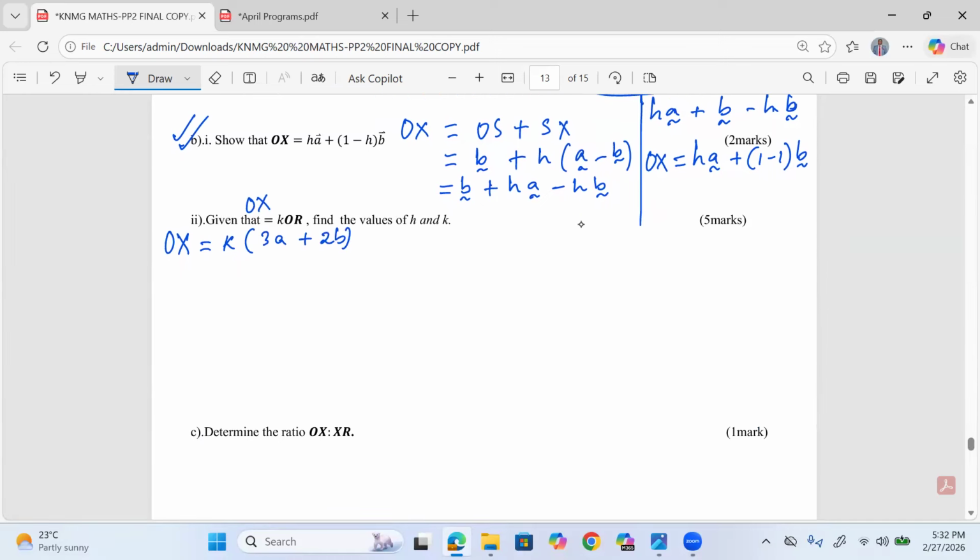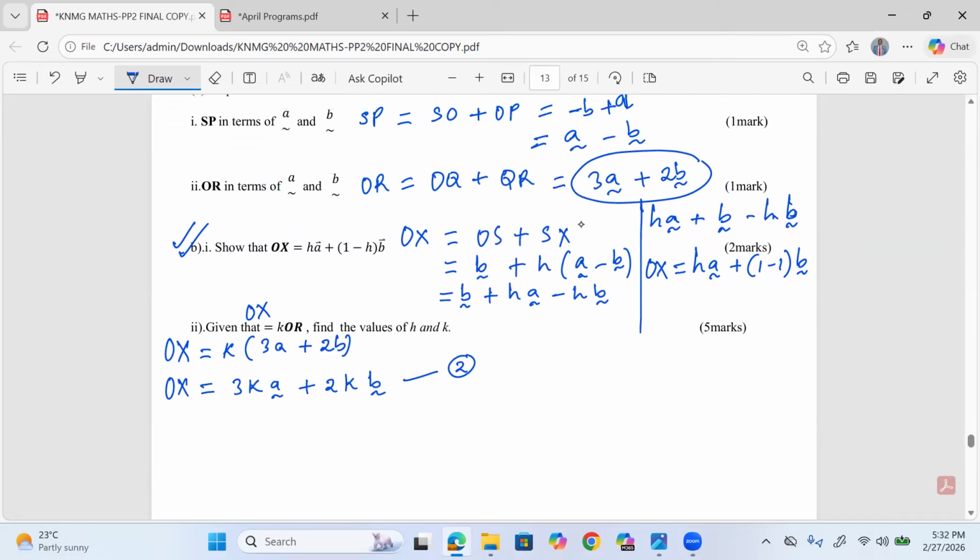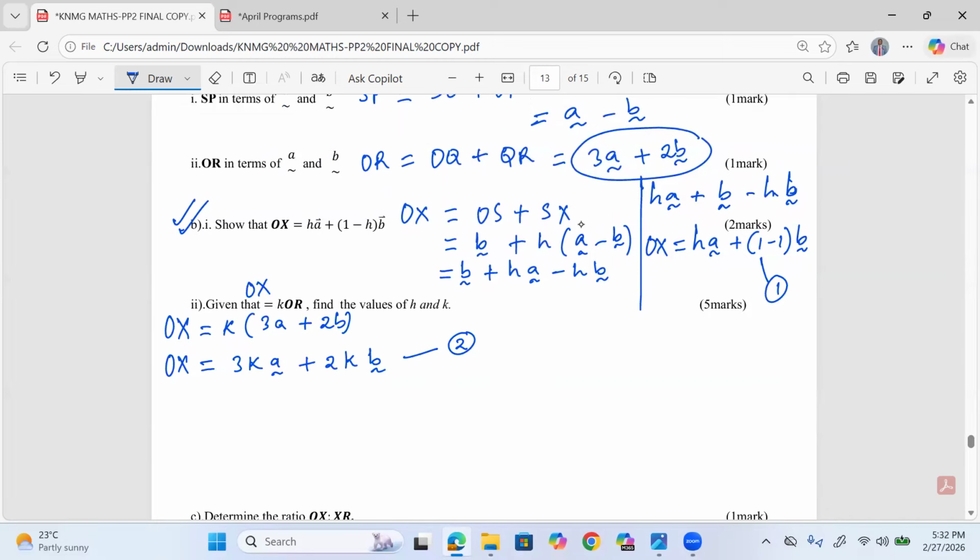That is a second expression of OX, which is now equal to 3K vector A plus 2K vector B. This is a second expression, and we had the first expression here. These are two expressions that are giving us vector OX. Vector OX has been expressed in two different ways.